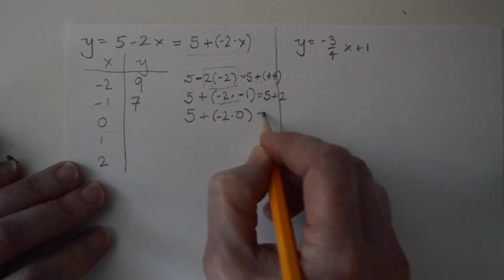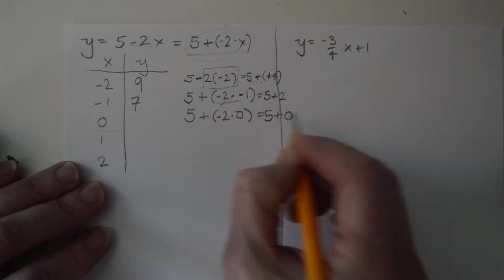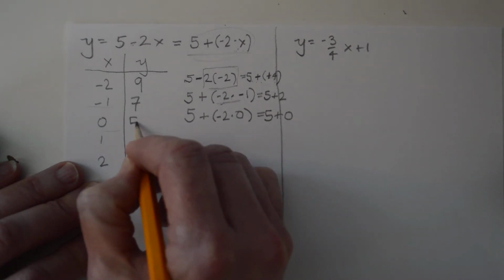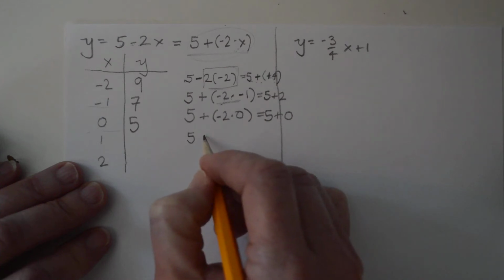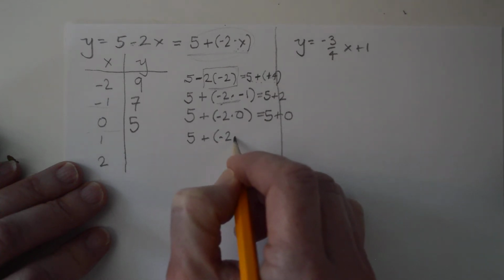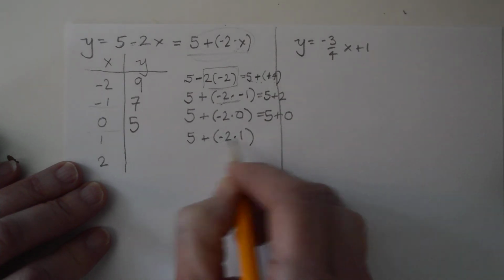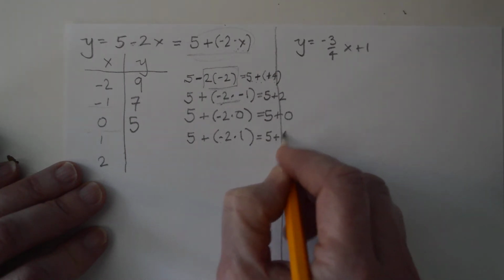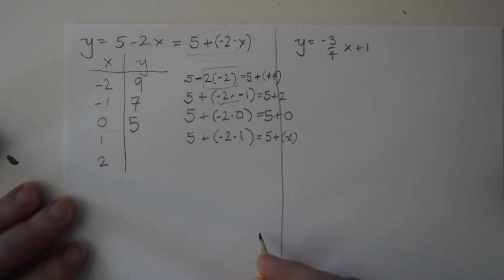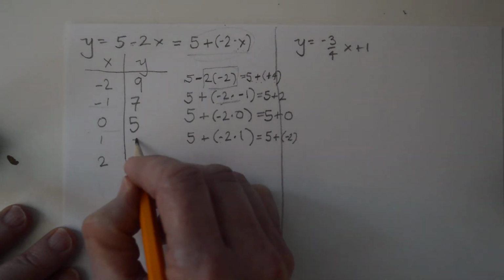Anything times 0 is 0, so this is 5 plus 0. I get 5. This is 5 plus -2 times 1. -2 times 1 is -2, so this is 5 plus -2. 5 plus -2 is 3.